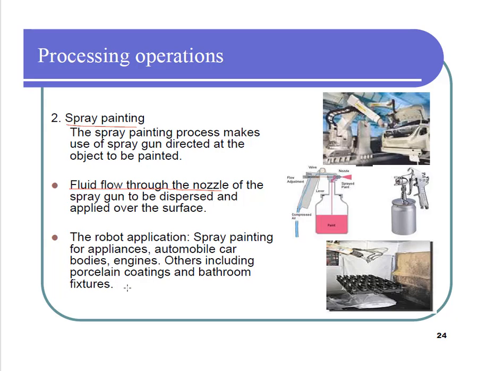So you are using a spray gun, and remember, this spray gun is attached to the end effector. Alright, and then you will need to do the movement of the painting using the spray gun.